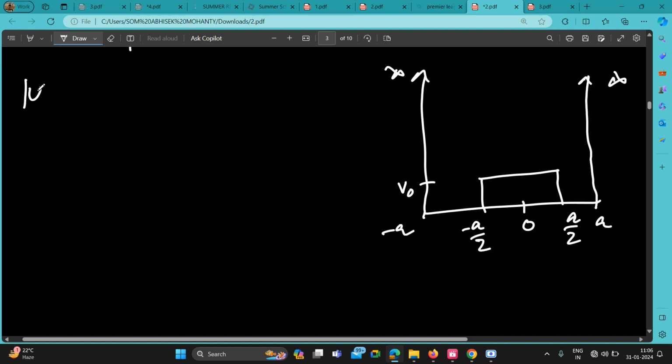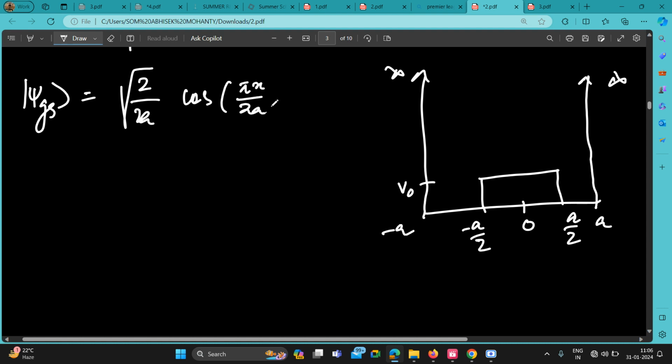First of all, ground state. Ground state will be root over 2 by length, length is 2a. Okay, cos pi x by 2a. This is the ground state. And why I wrote cos?